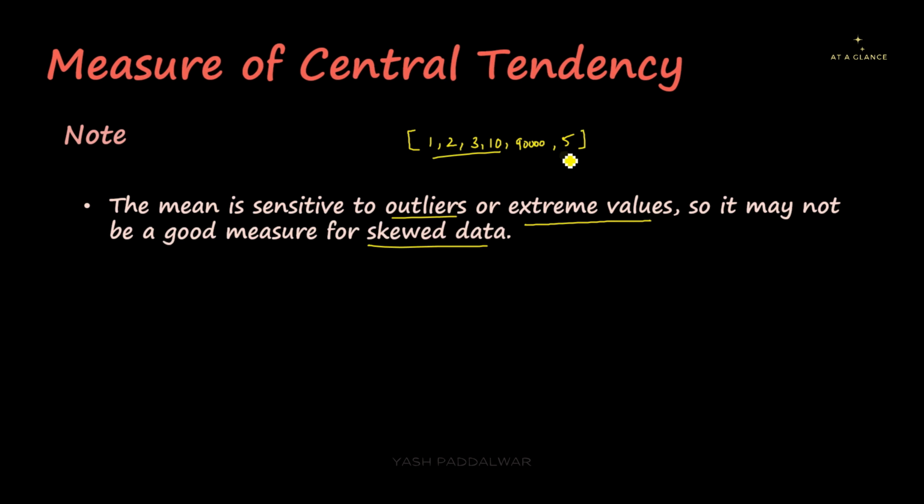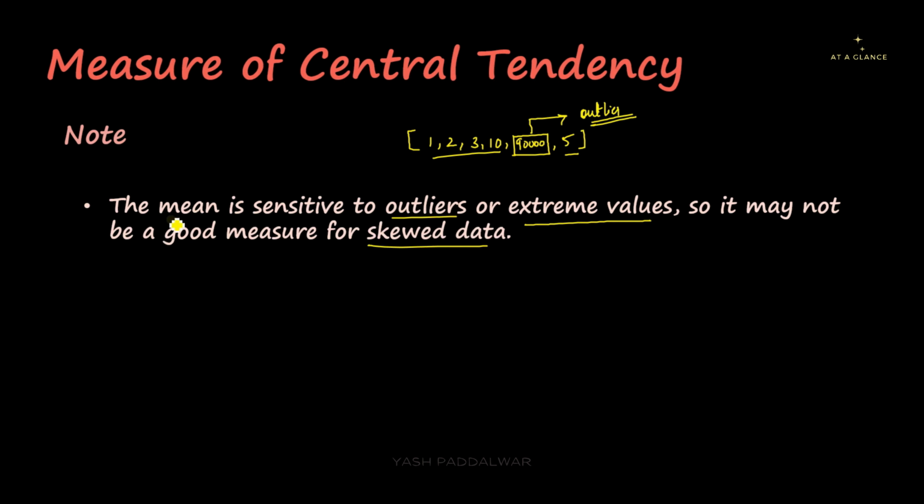All the other data points are extremely smaller than this one value. So this value is termed as an outlier because it is behaving entirely differently from all the other values.